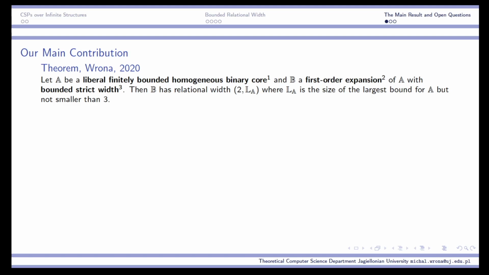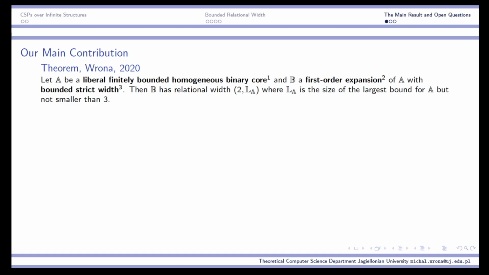So we start with a structure A, some kind of finitely bounded homogeneous structure called a liberal finitely bounded homogeneous binary core, explained in a while. When we go to its first order expansion, a reduct which contains all relations from A, call it B, and B is required to have bounded strict width, defined in a while.